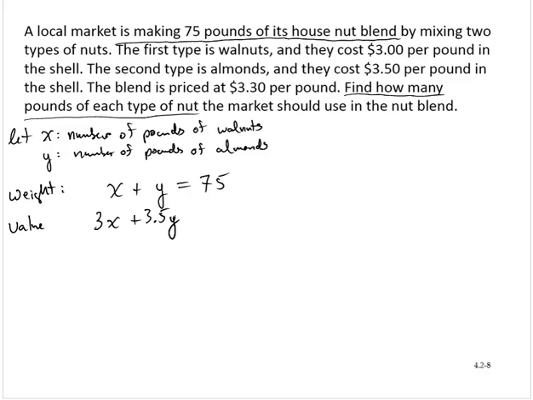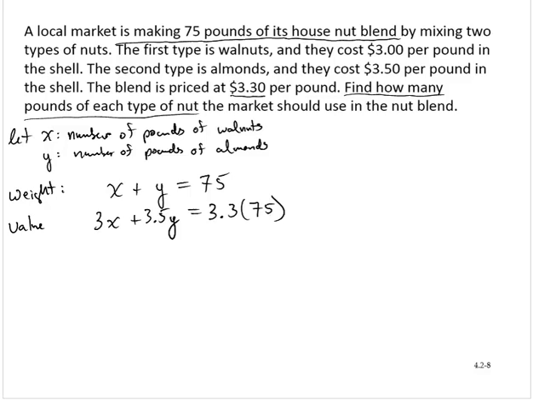Now, what's the total value of the mix? Well, the value of the mix is $3.30 a pound, and there are 75 pounds of the mix. So 3.3 by 75.